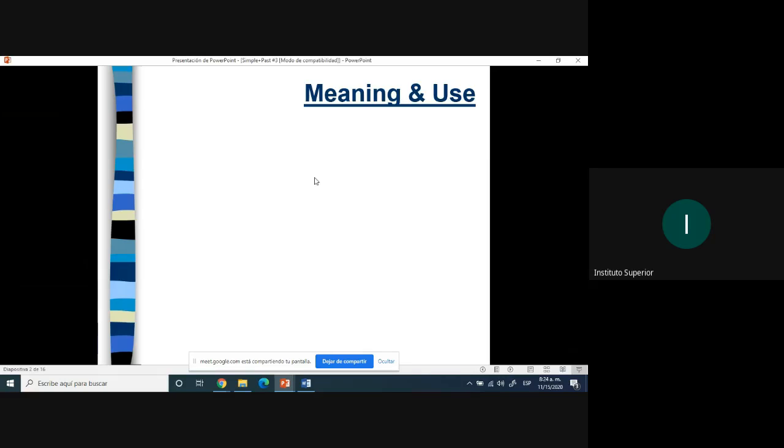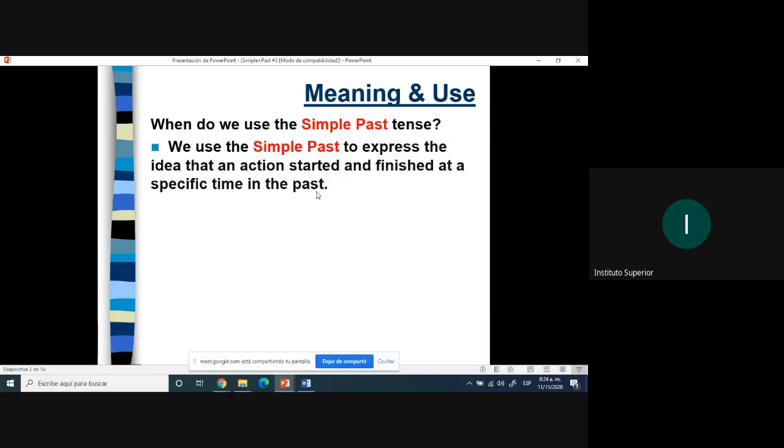All right, so the meaning. It says, when do we use the simple past tense? We use the simple past to express the idea that an action started and finished at a specific time in the past. No movement. It's just done in the past.